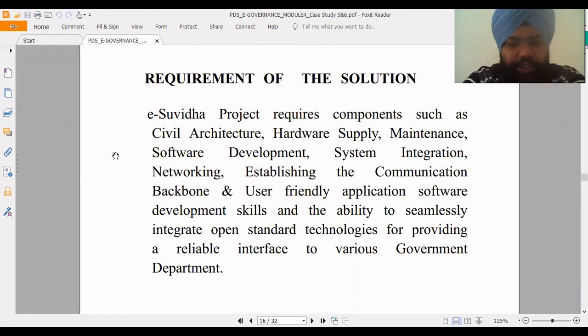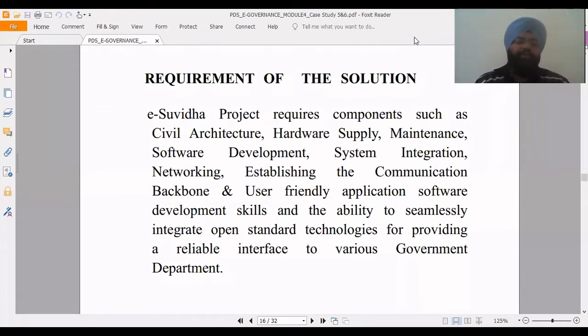The e-Suvidha project requires components such as civil architecture, hardware supply, maintenance, software development, system integration, networking, establishing the communication backbone, and user-friendly application software development skill, and the ability to seamlessly integrate open standard technologies for providing a reliable interface to various government departments.